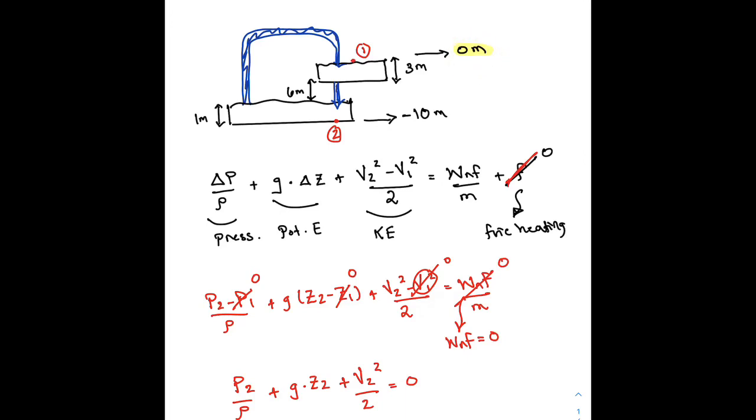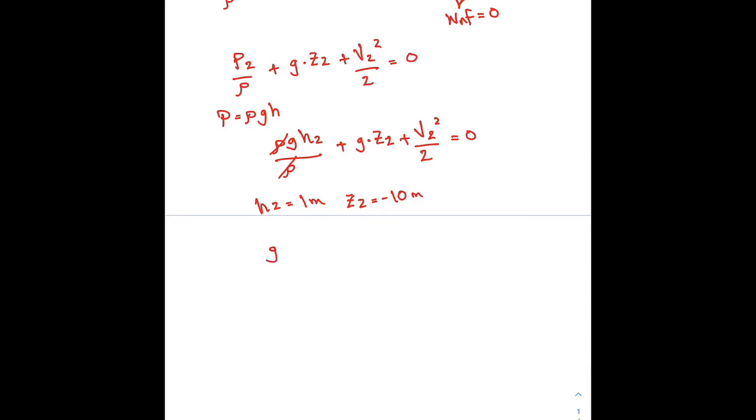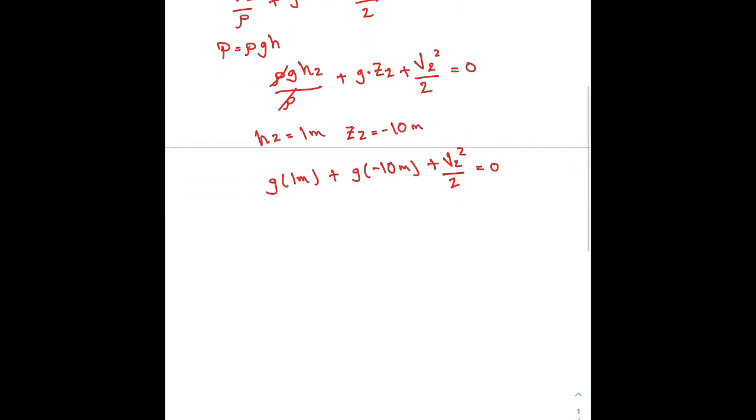So Z2 equals negative 10 meters. So from here, G times 1 meter plus G times negative 10 meters plus V2 squared over 2 equals 0. And so we'll obviously have negative 9G plus V2 squared over 2 equals 0.